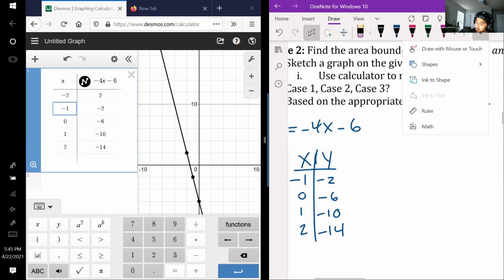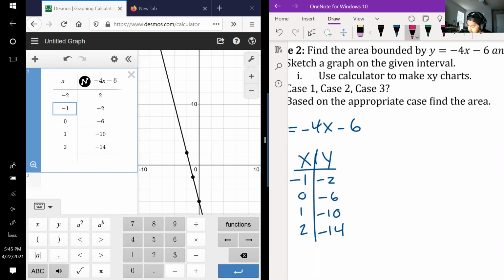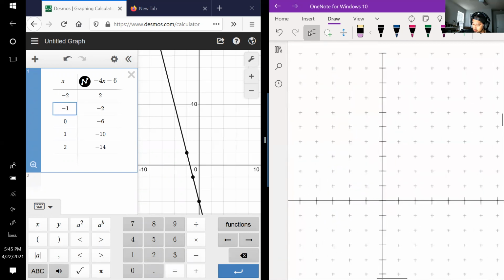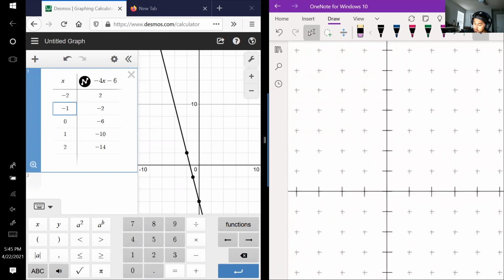And then again, the other function is y equals 0. So for that XY chart again, you have negative 1, 0, 1, 2, and you'll get 0, 0, 0, 0. So let's go ahead and graph this function. All right.